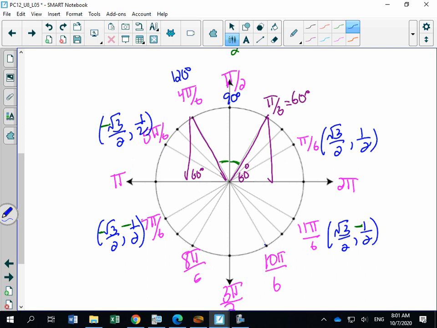This guy, and I'll do it in purple, is a 60-degree triangle. So this one here is 60 degrees, as is this guy. From here to here, this is 60 degrees as well.